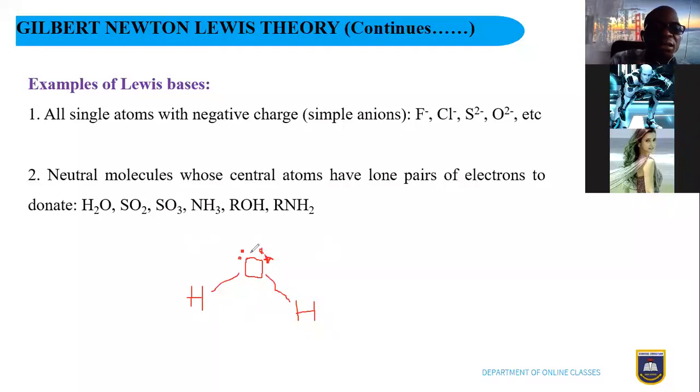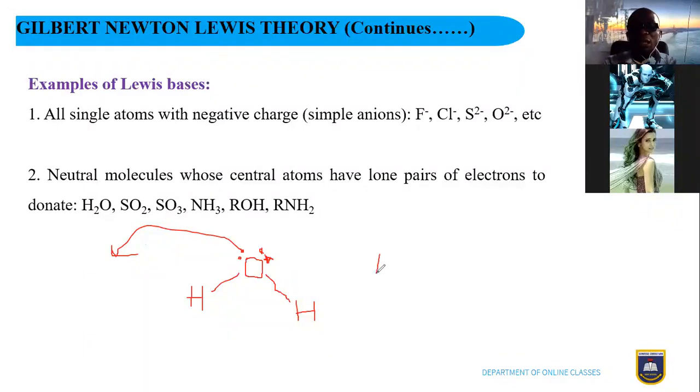But the lone pairs on oxygen in water mean that water has electrons to donate. It can donate to any atom whose orbital is empty. So it makes water a Lewis base. For all the compounds I've written here, if you draw their structures, you have a lone pair on the central atom.